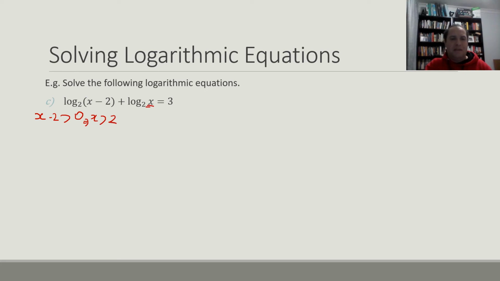And looking at the second term, x must be greater than 0. The bit of our domain we can take to cover both situations is the first one, because if x is bigger than 2, then it's definitely bigger than 0. So we'll just take that first inequality, and that's our domain. Our answer must be greater than 2.